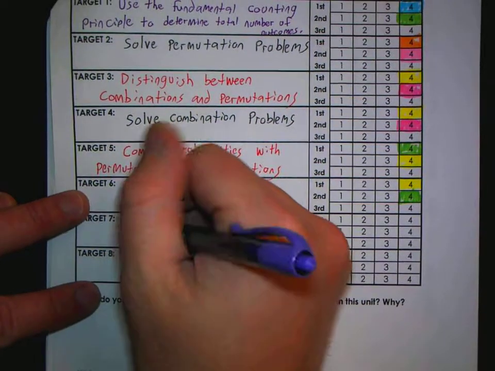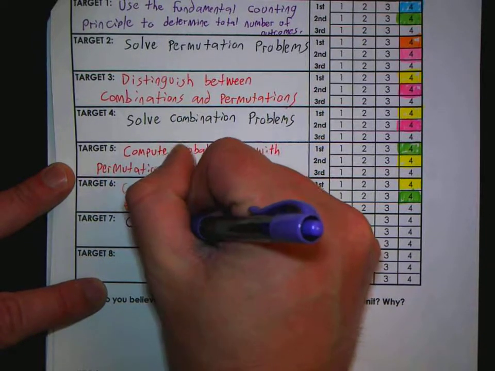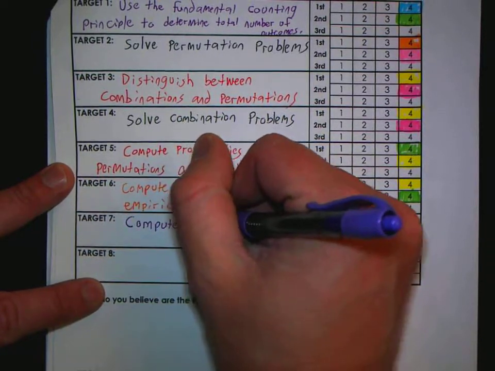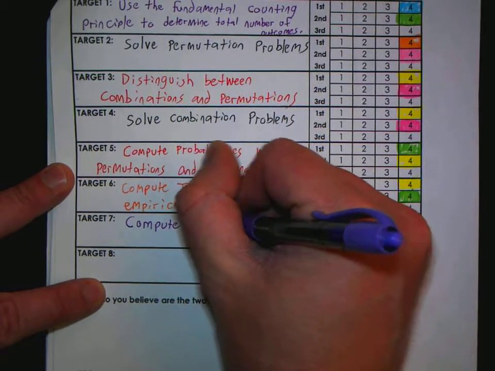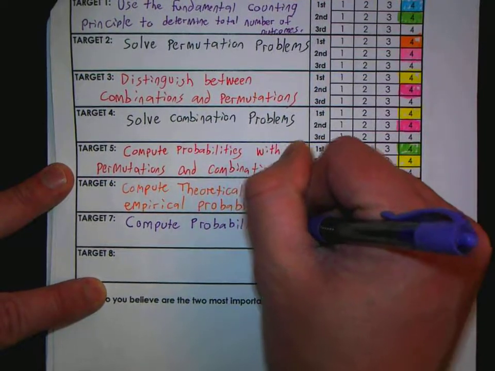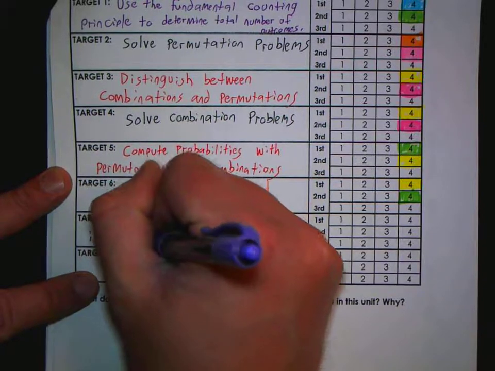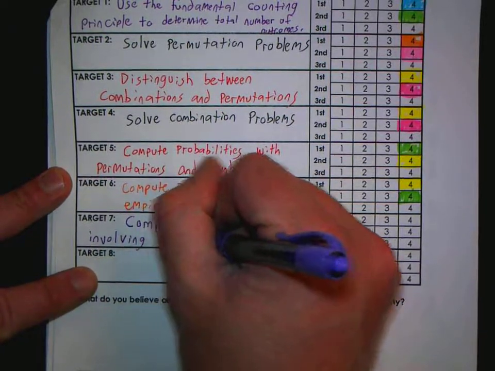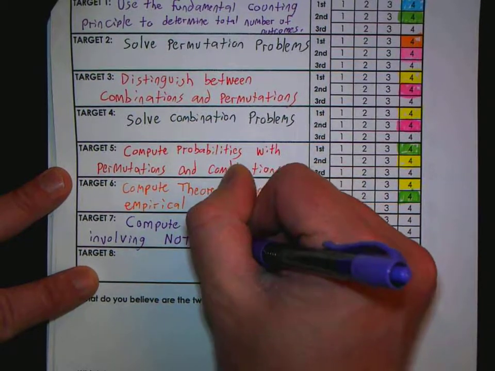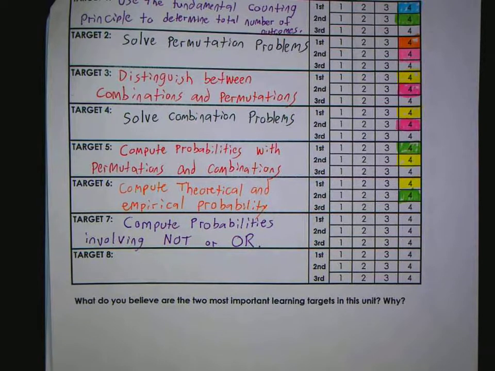Maybe we say solve or compute probabilities involving not or or. Right? That's more specific. So probability of not, probability of or, how do you work with those?